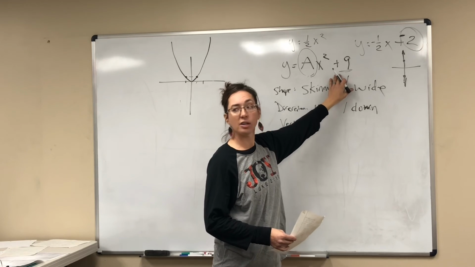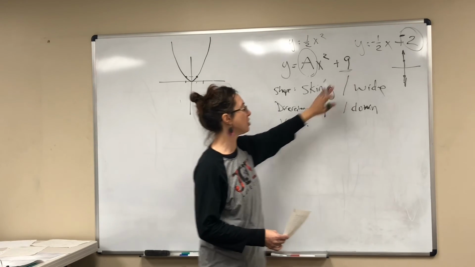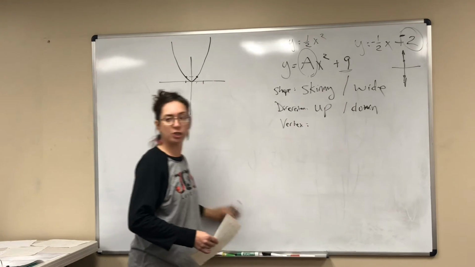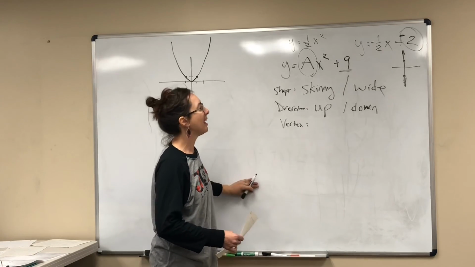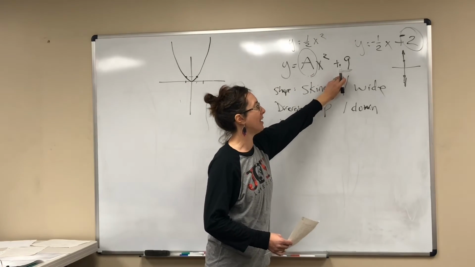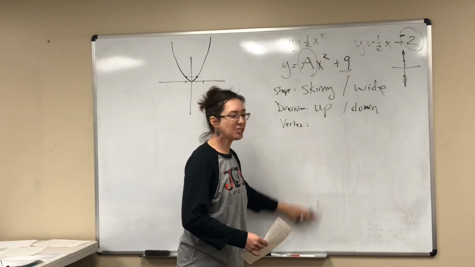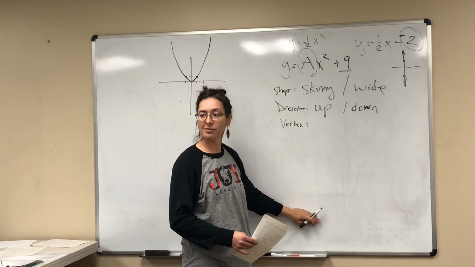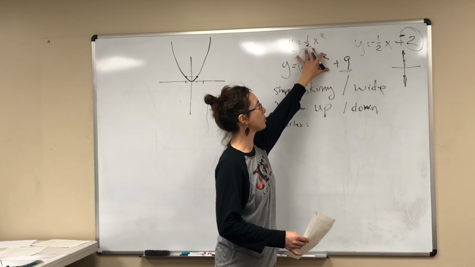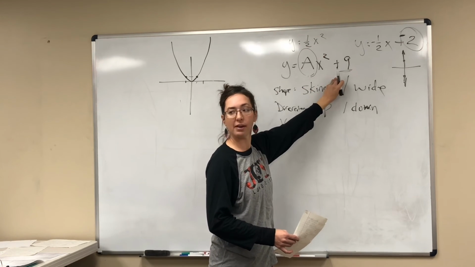All right, so when we add extra variables and constants to our equation, it's going to start shifting it around. If we only add a constant, it only shifts it up and down, right? Because we're removing this one x, we now have a y value.